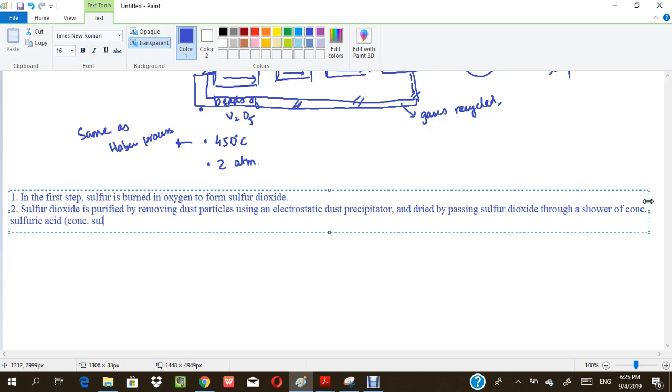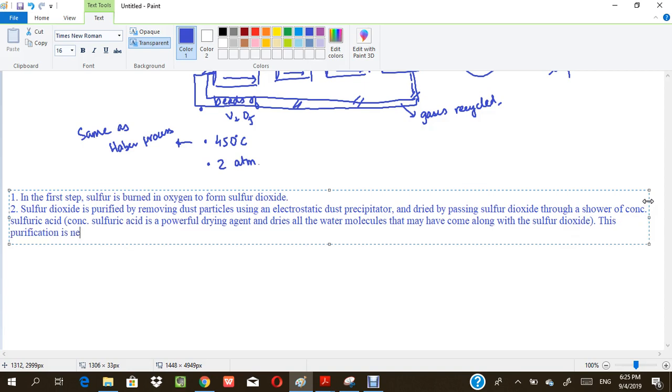Because concentrated sulfuric acid is a powerful drying agent and dries all the water molecules that may have come along with the sulfur dioxide. This purification is necessary to avoid poisoning the catalyst.